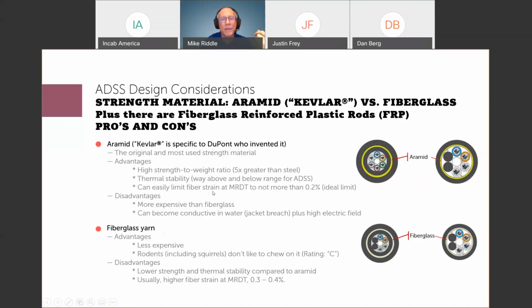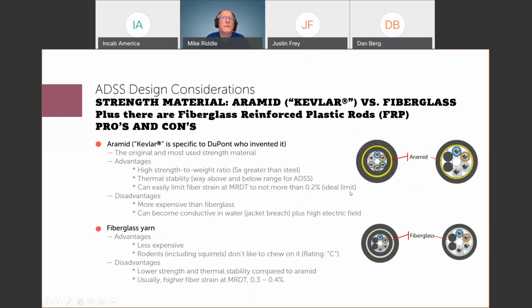Remember, we talked about that before. We talked about it more as tension on the fiber, but the same thing. So you can limit the tension that the fiber experiences at the maximum rated design tension of a cable, we'll talk about that later, what this means, to not more than 0.2%. And that's what we consider the ideal limit.